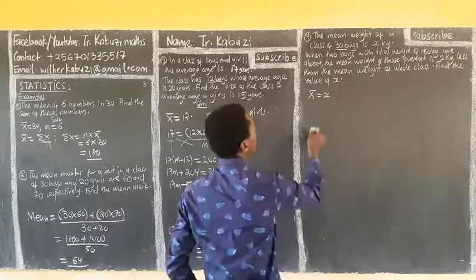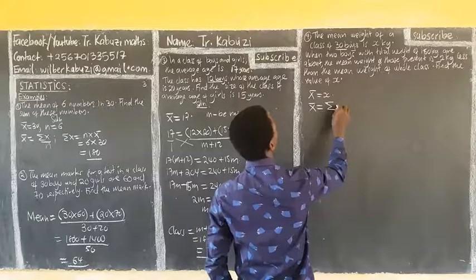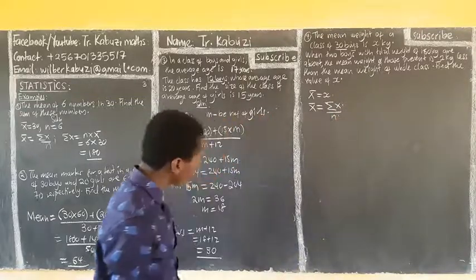I know that already our x bar is equal to the sum of x over their number.